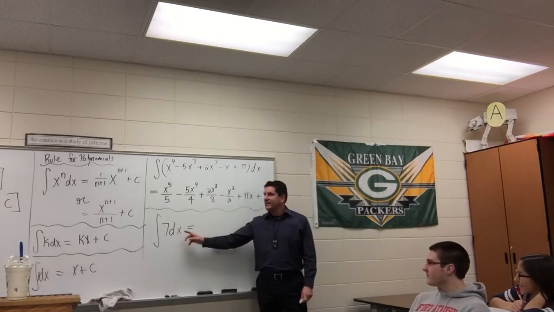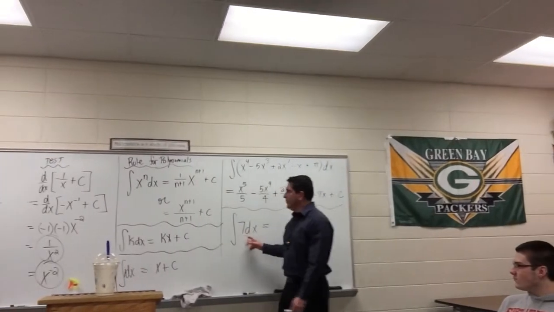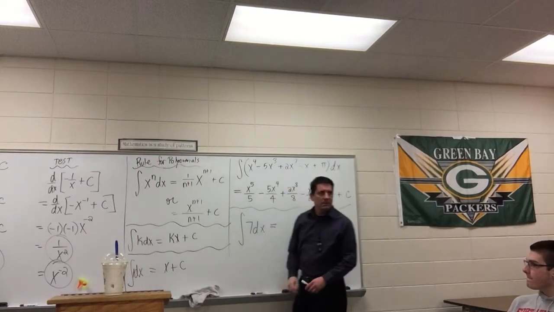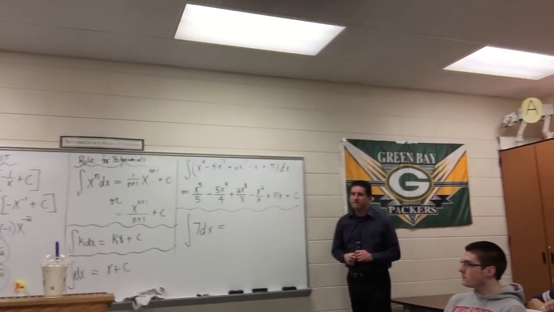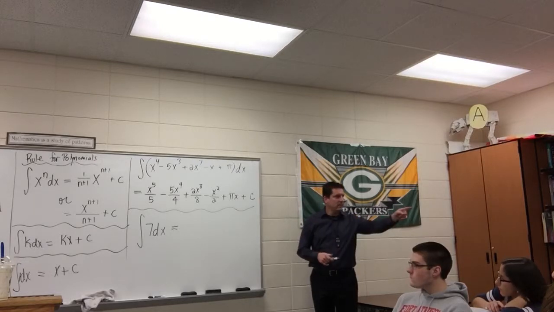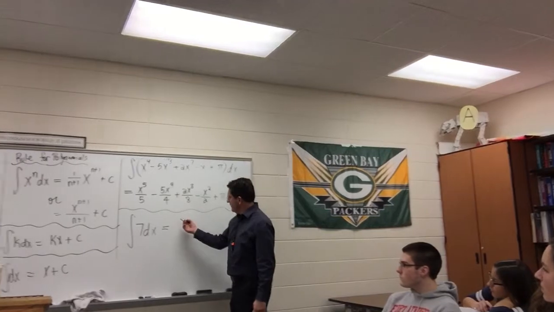Wait a second. This is a polynomial, okay? Does it follow this rule? I don't see any x's there. Does it follow the rule? X is to the power of 0. Watch, I'm going to rewrite this.